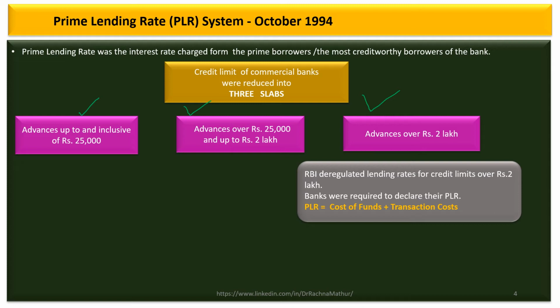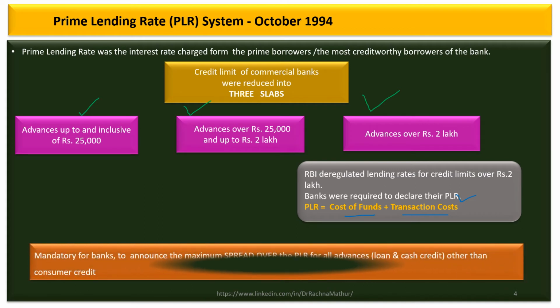So, for the third slab, banks were required to declare their prime lending rate based on their cost of funds and transaction cost, in accordance with their risk-reward perception and commercial judgment. Along with that, it was mandatory for the bank to announce the maximum spread over prime lending rate for all advances.